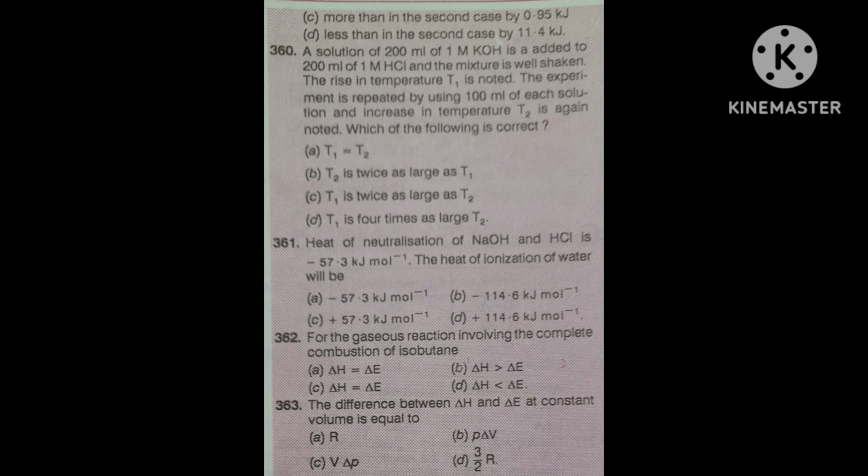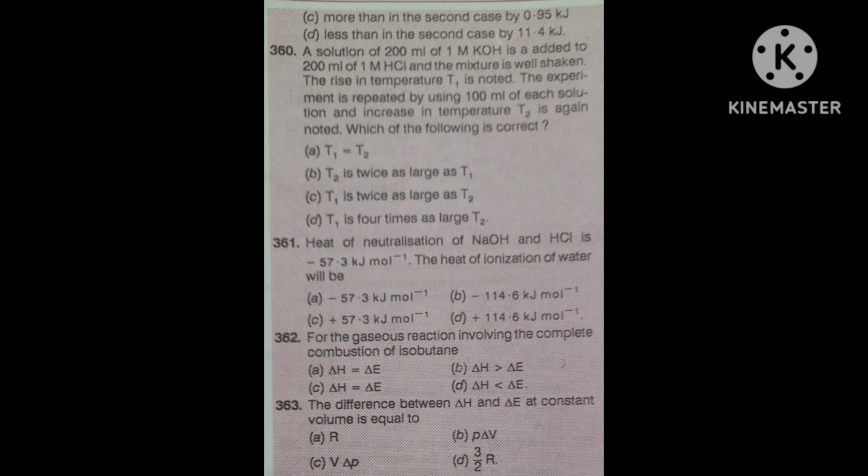In this process, the heat change is plus Q1 kilojoule. Second reaction, H plus OH minus is forming H2O. In this process, the heat change is given as Q2 kilojoule. In the first reaction, Q1 kilojoule. In the second reaction, Q2 kilojoule.